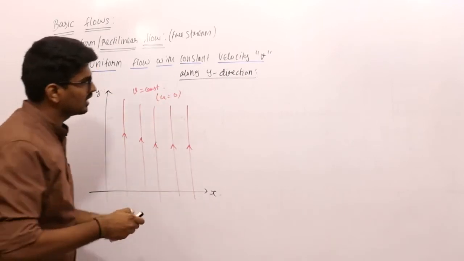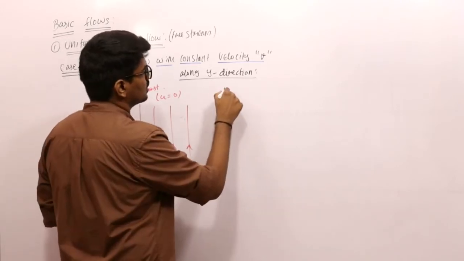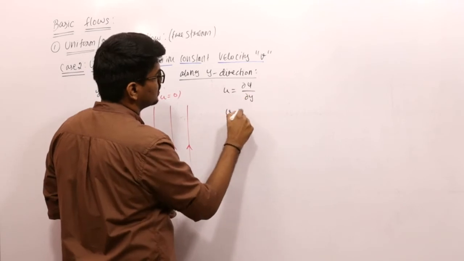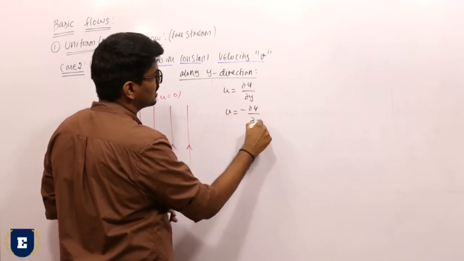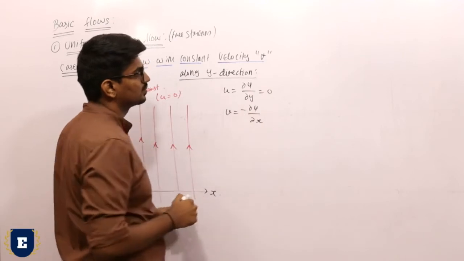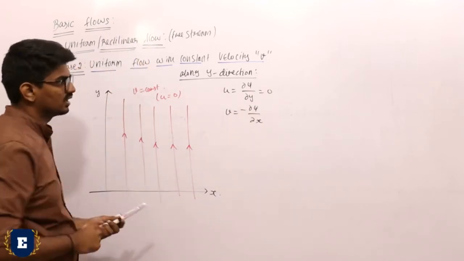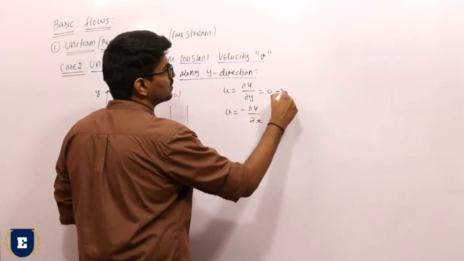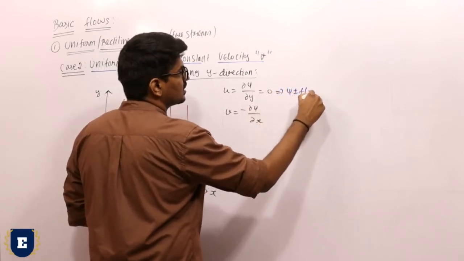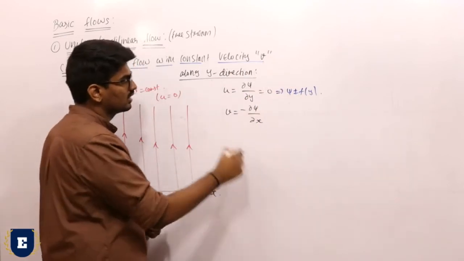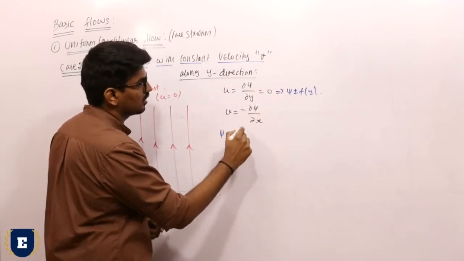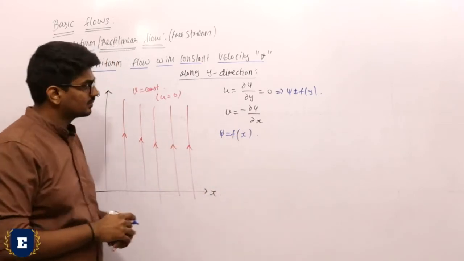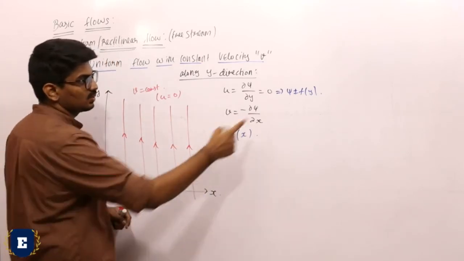Now if I go back to the equations, u is equal to dou psi by dou y and v is equal to minus dou psi by dou x. In this case, this will be 0, because u is 0. Since u is 0, dou psi by dou y becomes 0, which implies psi is not a function of y. Psi is a function of only x. Why is it not a function of y?